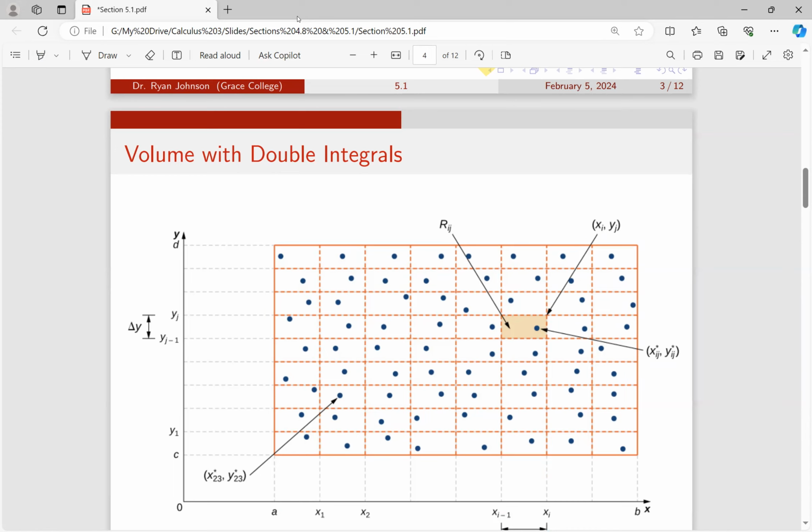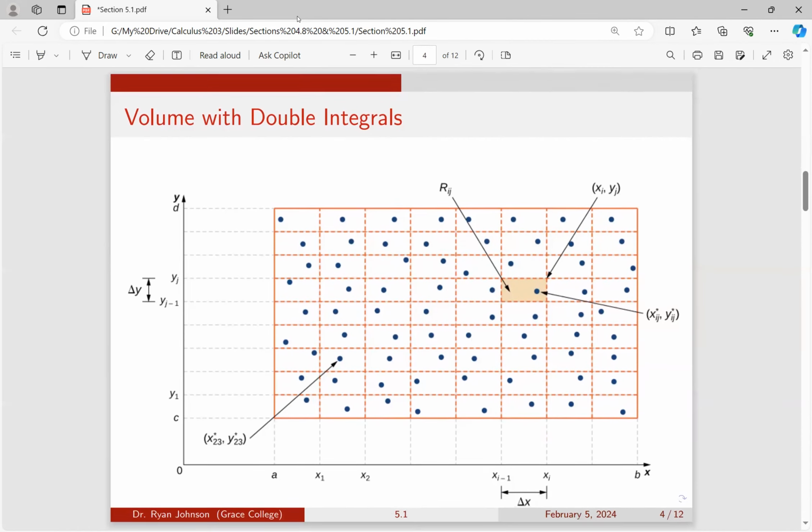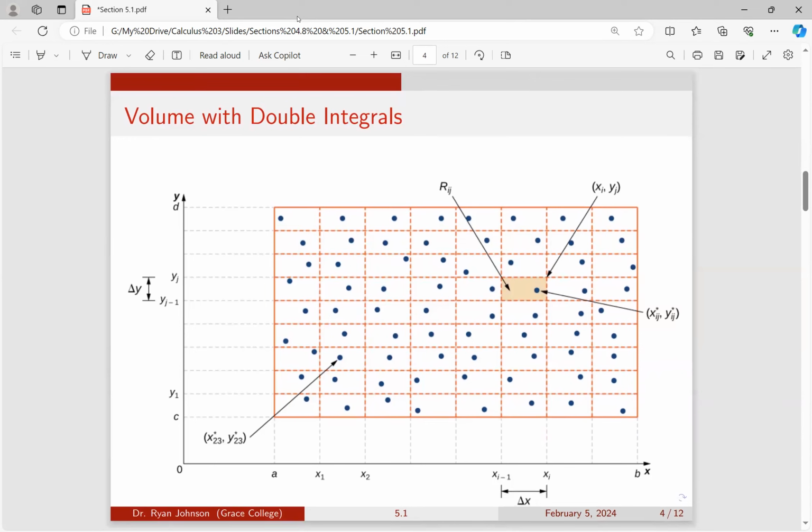So for instance, this is, say, x star 2,3, y star 2,3. And so each region is like an R i j. So the area of the region is an R i j. x i, x j is kind of at the corner there. And the stars represent my representative point.